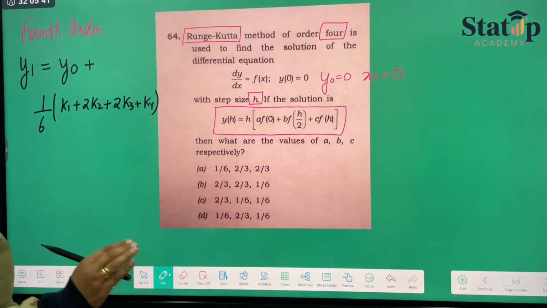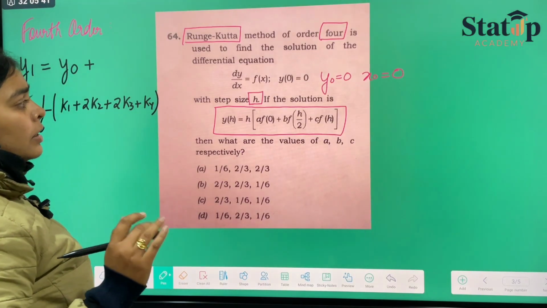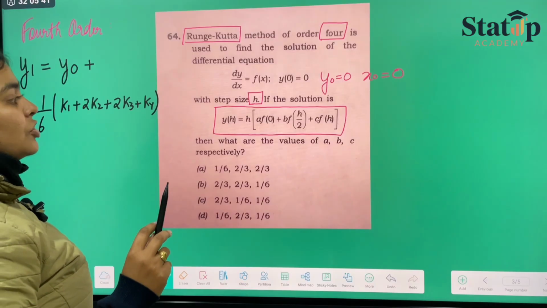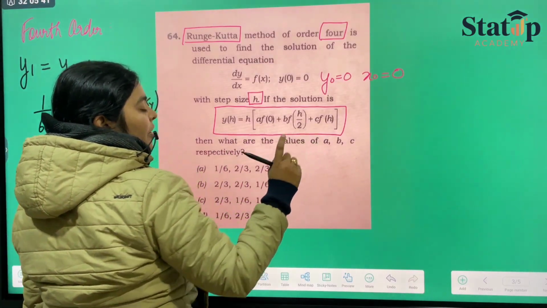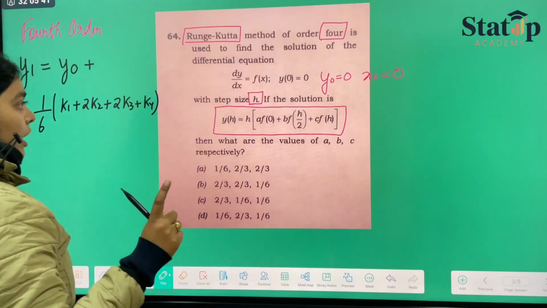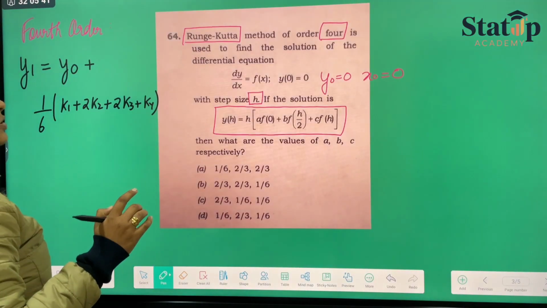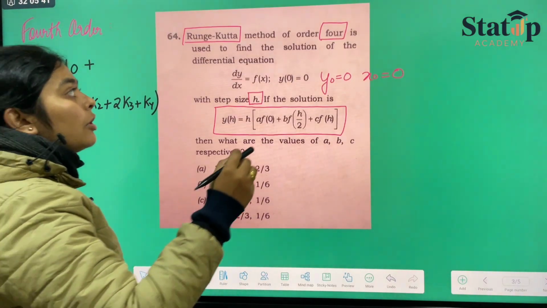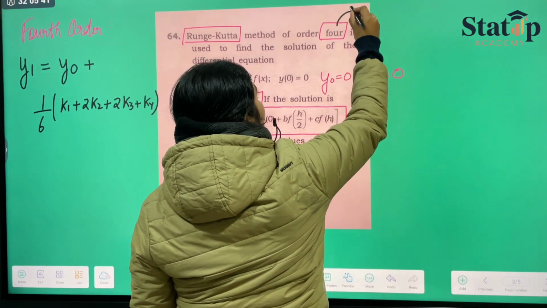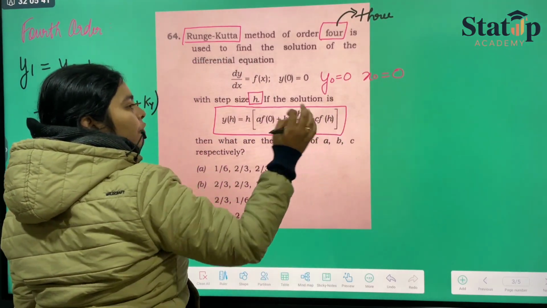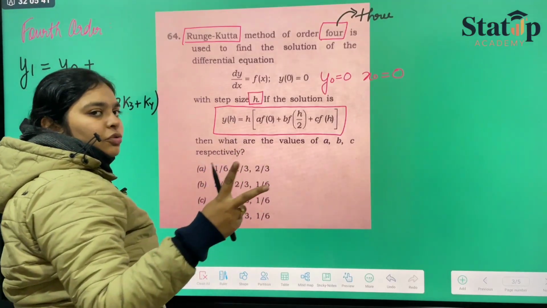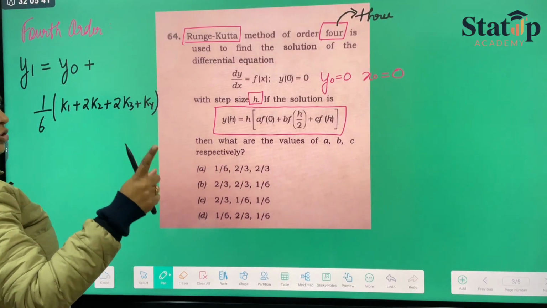But as you can see in here, they have just maintained three values, a, b and c. So one must not be there in here. That means in the question they have not correctly given us the fourth. It should be third order. For 3 the number should be 3, for 4 the number should be 4, for 2 the number should be 2, and for 1 the number should be 1.